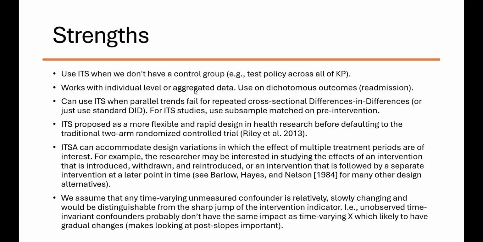ITS works with individual-level or aggregated data. I'm going to use aggregated data in the example section. We can also use it on dichotomous outcomes such as readmissions or mortality or infections. We can use ITS when parallel trends fail for repeated cross-sectional differences in differences.